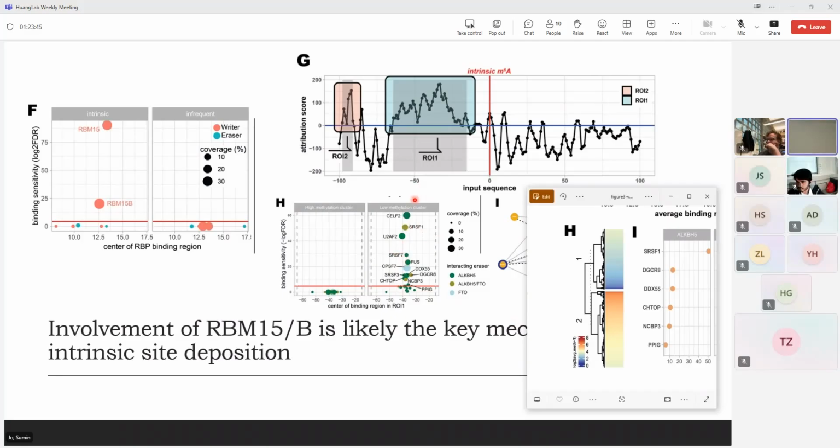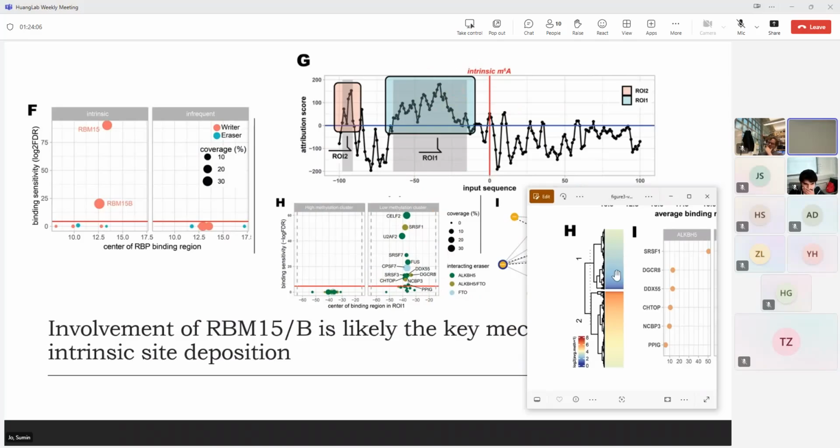So what we can see is that though the eraser binding is not enriched around the intrinsic sites, the low methylation intrinsic sites have neighboring binding RBPs that are known to recruit eraser proteins close to the intrinsic site.